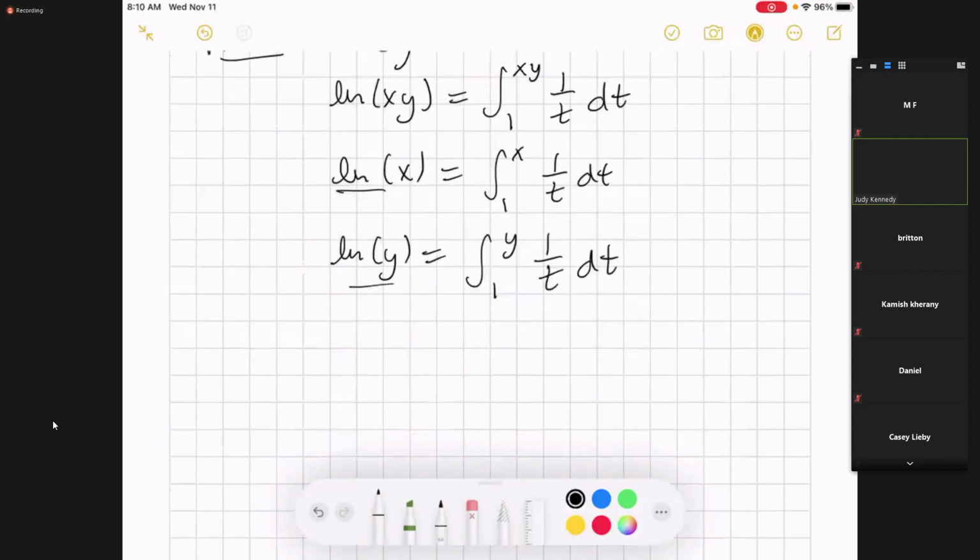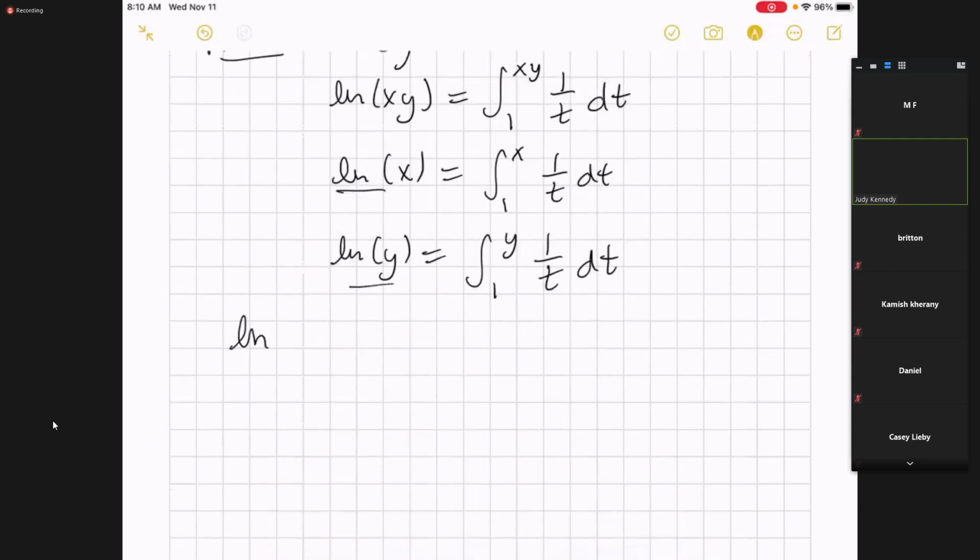So let's look at ln of xy. That is the integral from 1 to xy of 1 over t dt.